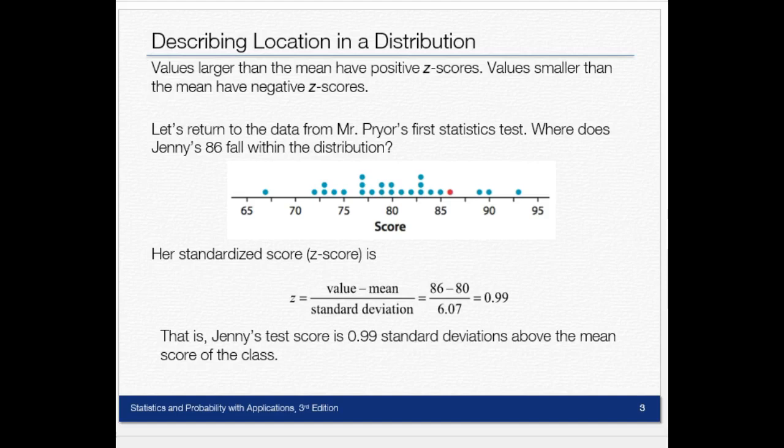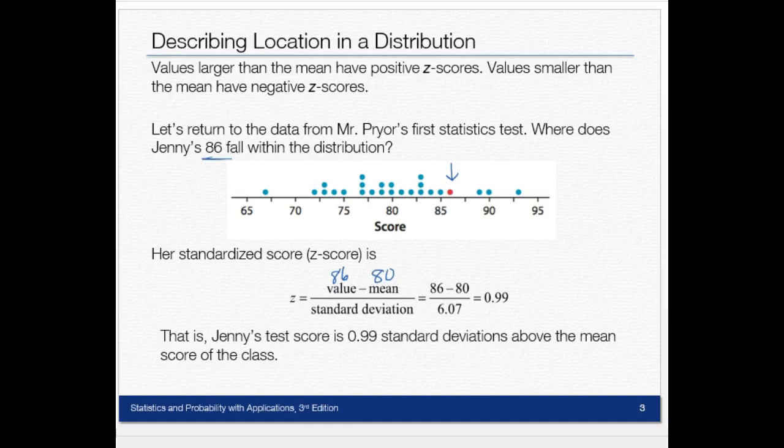Now, let's return to the data from Mr. Pryor's first statistics test. Where does Jenny's 86 fall within the distribution? Okay. Her standardized z-score is, so we take the value minus the mean. The value is 86. The mean is 80.